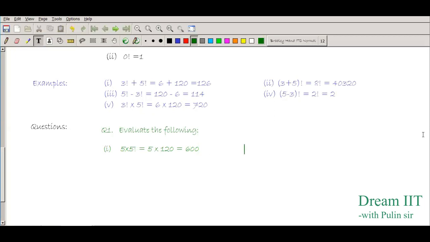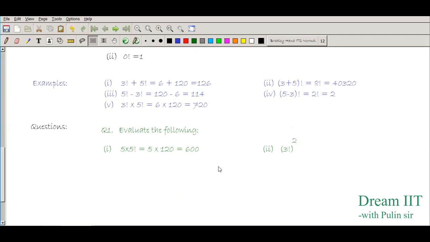So another question, say, let us take easy questions, right? Say somebody told you that you have to find 3 factorial whole square. Suppose somebody is asking you to write factorial 3 whole square.